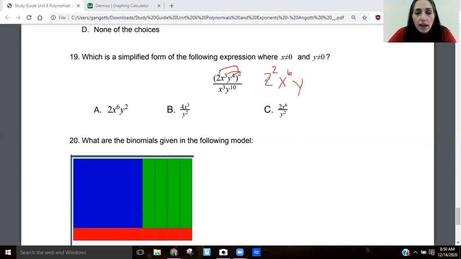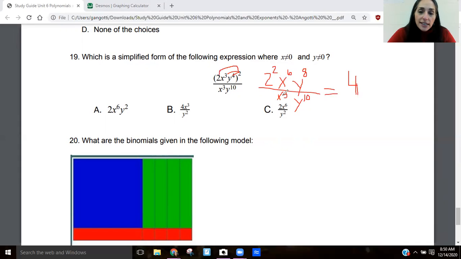Y to the 4 times 2 is 8 over, well, if I can squeeze it in, x to the 3rd, y to the 10th. Man, you guys that do all your work in Cami, I give props to you because I cannot write at all with my cursor. Okay, so 2 squared is 4. I think I know what the answer is. There's only one answer that has a 4, but we'll keep going.